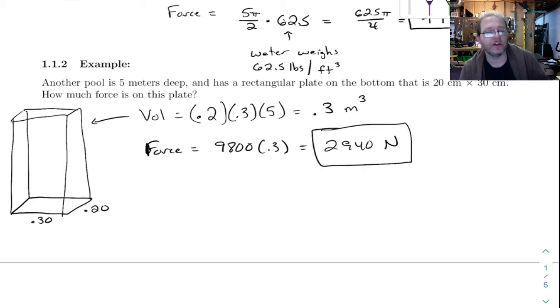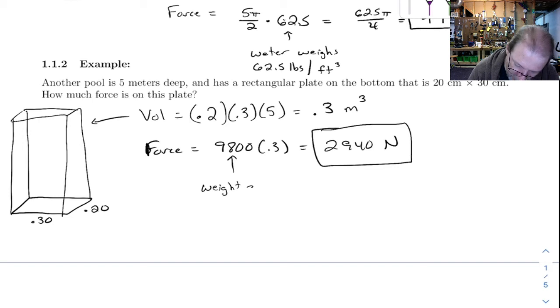And of course, that 9,800 is the density of water. It's the weight density of water, in newtons per cubic meter.